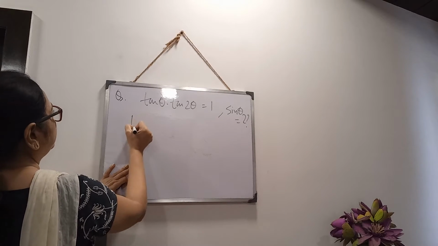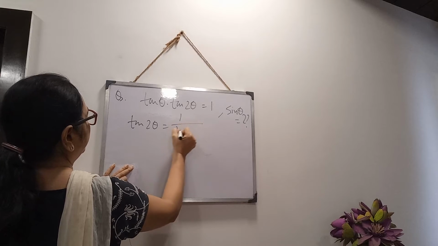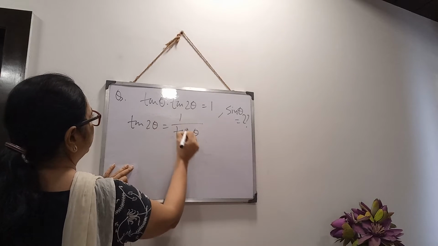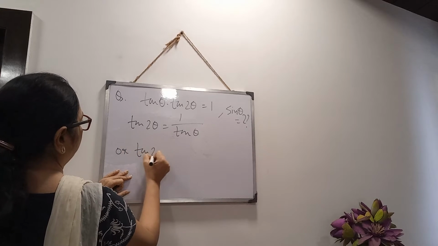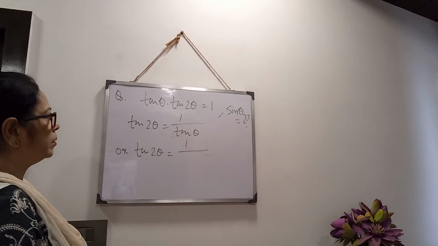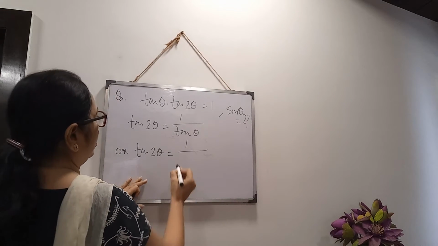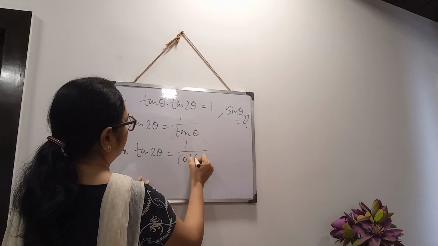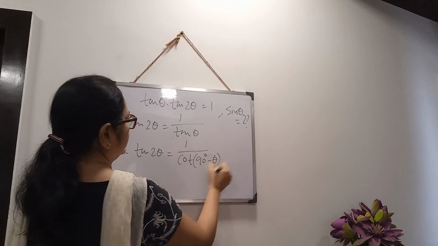Now from here tan 2 theta, I am writing as 1 by tan theta. I am taking this here, or 1 by tan theta, that means cot (90 degree minus theta).